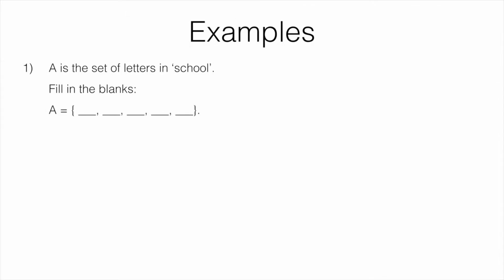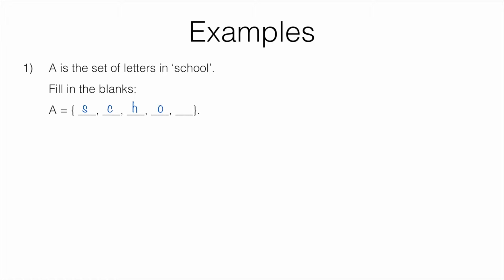Let's take a look at question 1. A is the set of letters in the word school. We need to fill in the blanks. Well, let's start with something obvious. We know that we're going to need the letters S, C, H, and O because they're all letters in the word school. But what do I do with the second O?